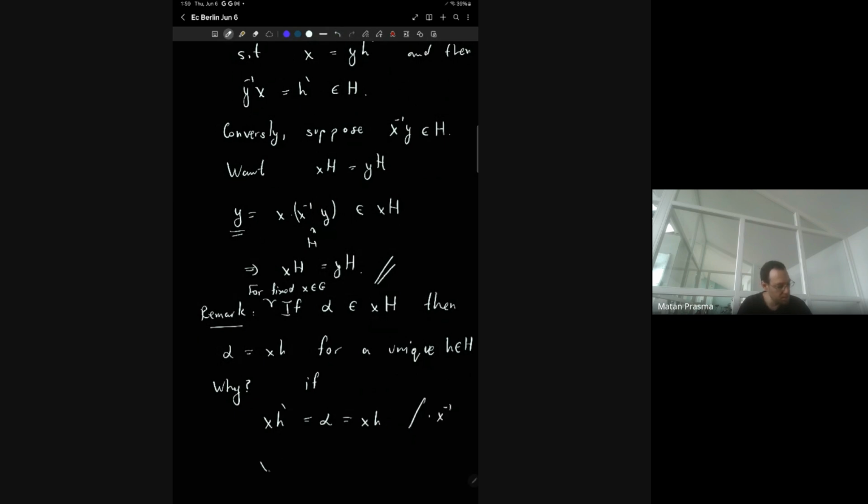And what I get is that x^-1xh' is equal to x^-1xh. This is the same as saying that h' is equal to h. Okay, so there exists an h, but this h is unique.